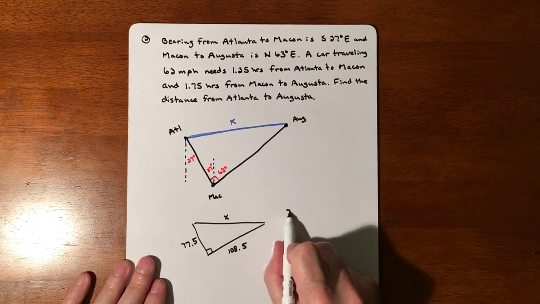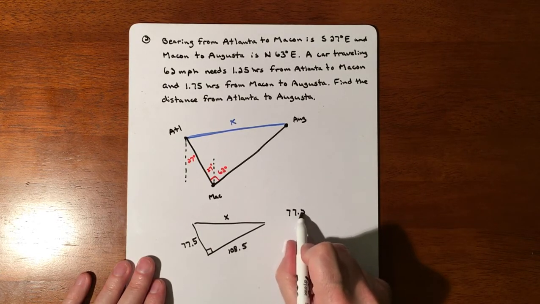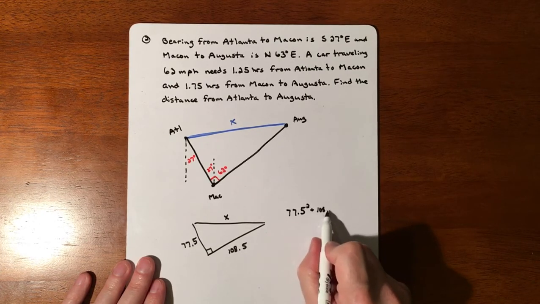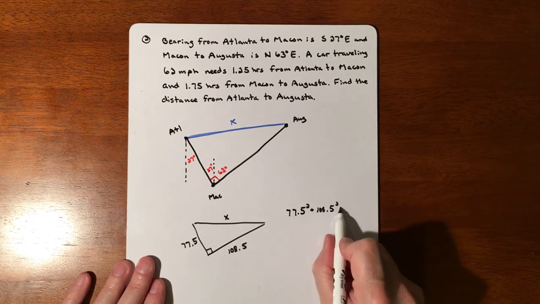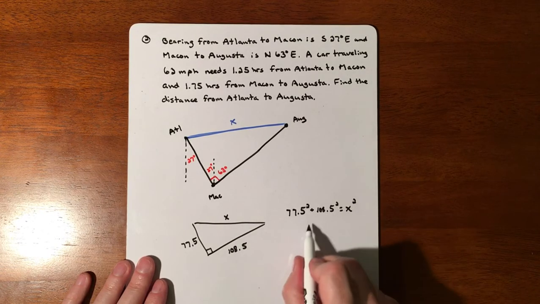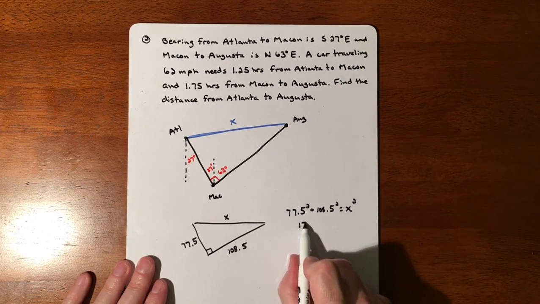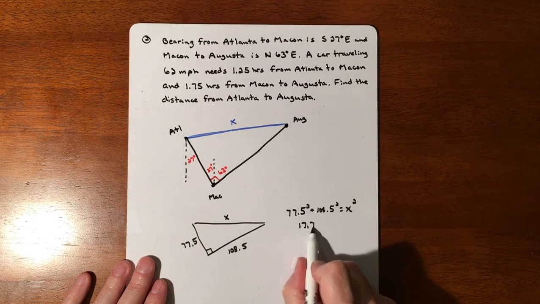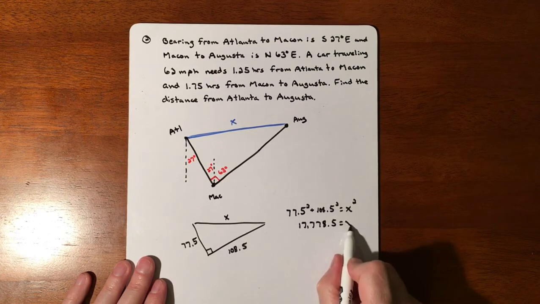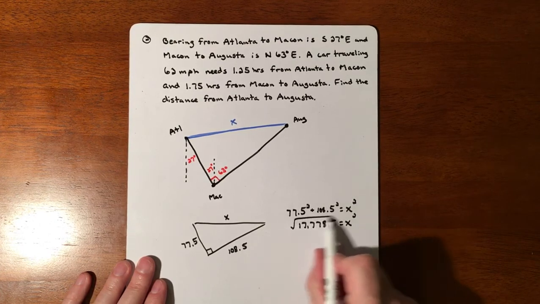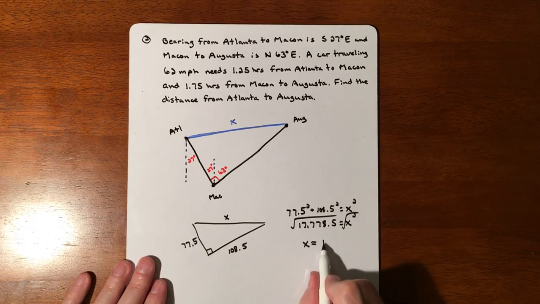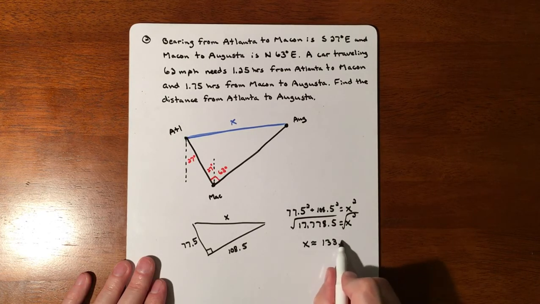So we have 77.5 squared plus 108.5 squared equals x squared. This adds up to 17,778.5. Square root, and x is going to be about 133.3 miles.